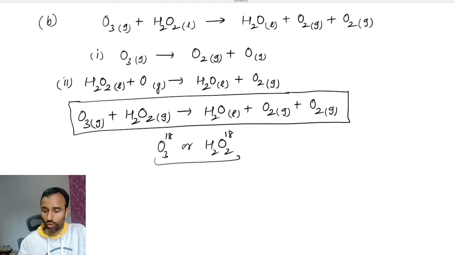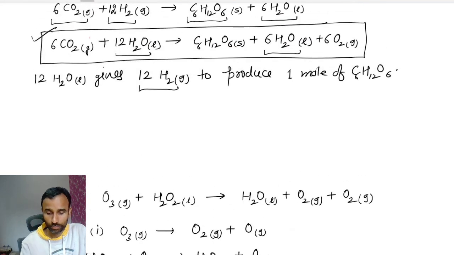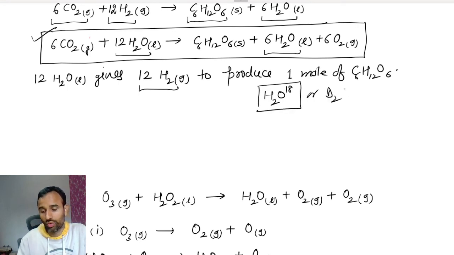Then we will come to know that O2 is produced in two different reactions. And the same is the case with the first one: if we take H2O-18 or D2O, then we will come to know about the mechanism of the reaction.